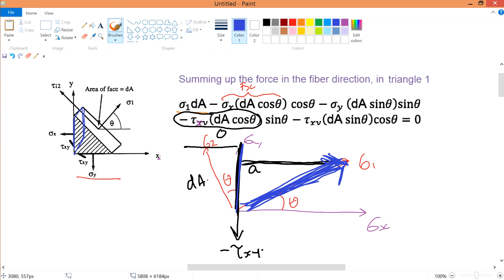Since we know this thing, and this is the angle over here, because of the hypotenuse area, you know this from secondary school, the angle over here is the same as the angle over here. Therefore this is your O, this is your A. We are trying to find your sigma 1, so your sigma 1 is actually your hypotenuse.